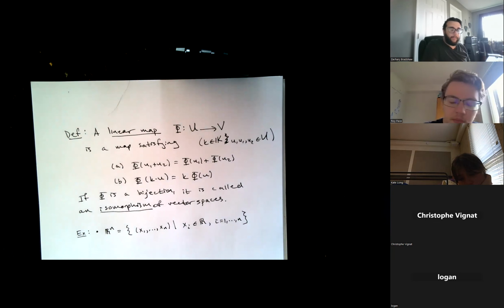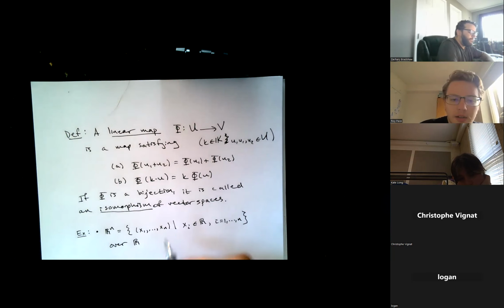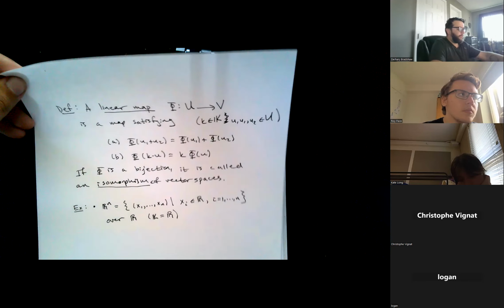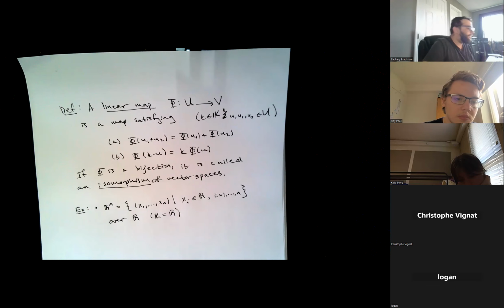And so this is a vector space over the real numbers. So what I mean by that is that this field is R. So the scalar multiplication is related to the field of real numbers.